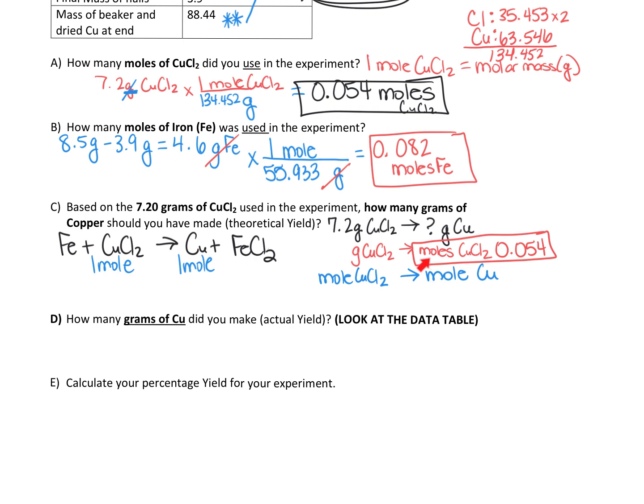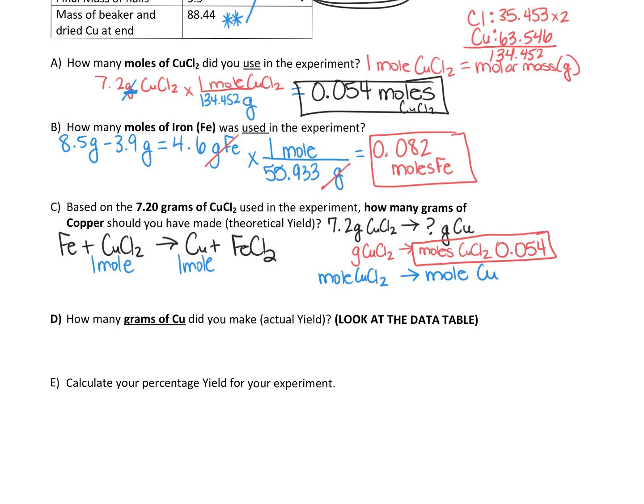So if we have 0.054 moles of copper chloride going in, that's how many moles of copper we should have coming out. I can do that mathematically.